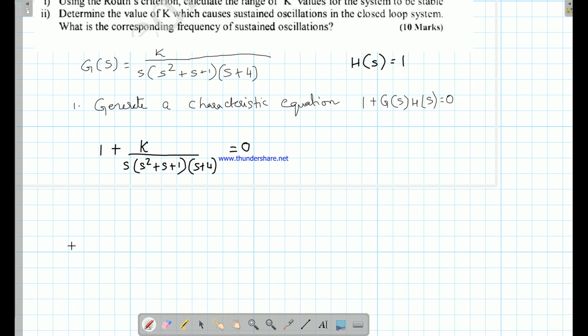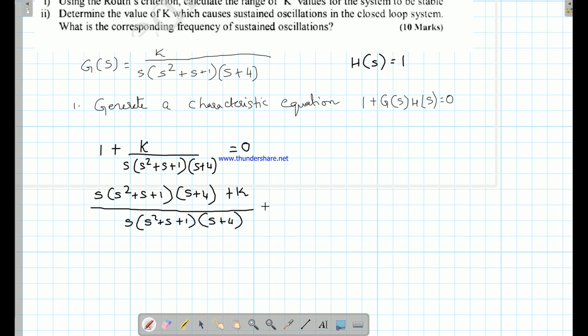Okay, so now you take the LCM. What we get here is s into (s square plus s plus 1) into (s plus 4) plus K, whole thing divided by s into (s square plus s plus 1) into (s plus 4) equals 0.